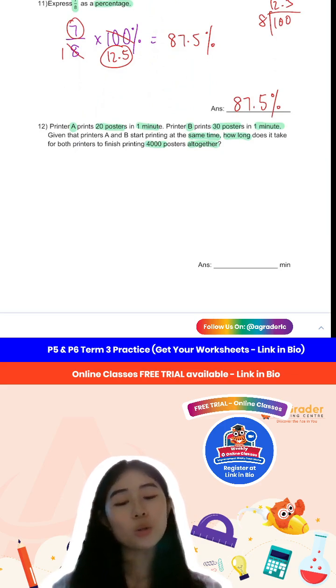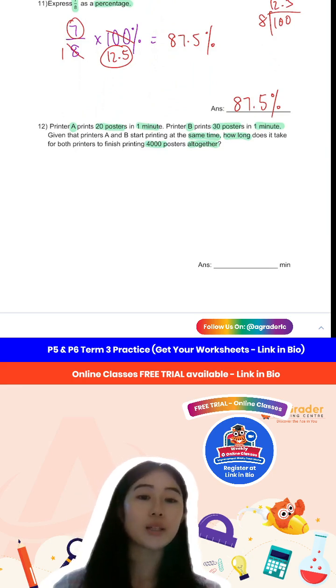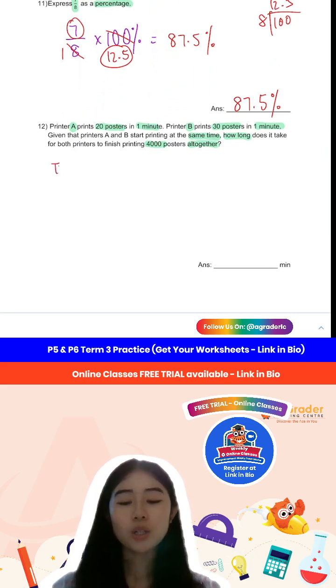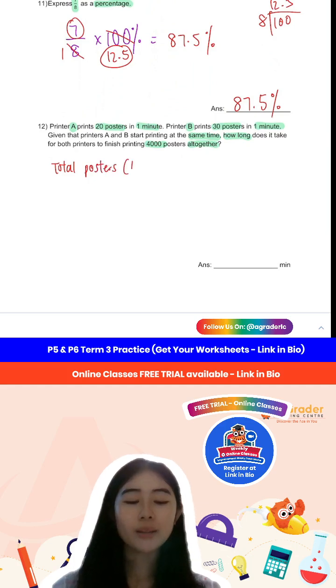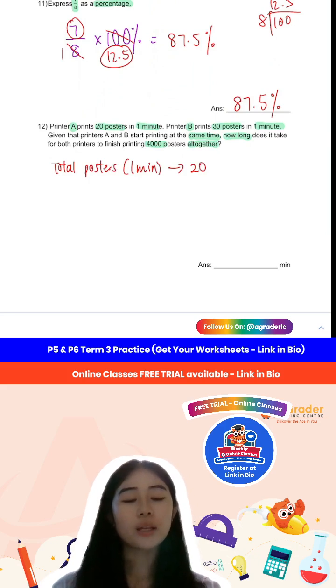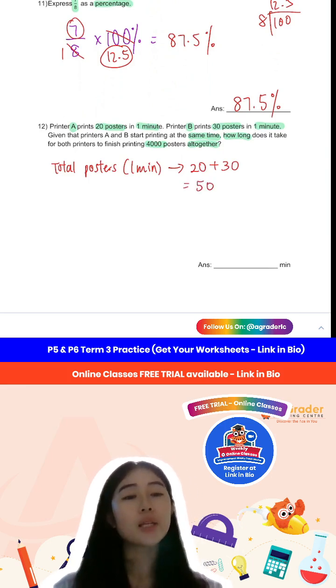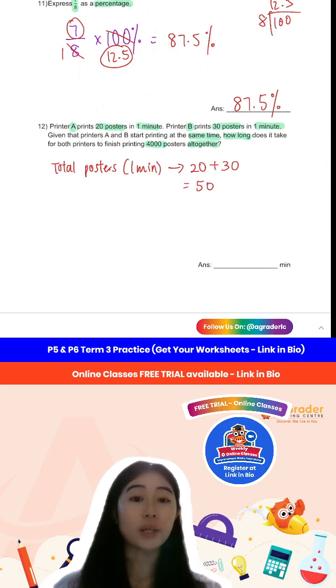Junhong says that the first step should be to add up printer A and B's number of posters per minute. That's correct. So this is the total posters in 1 minute. Printer A prints 20 and printer B prints 30, so in total it is 50. Every minute they will print 50 together.